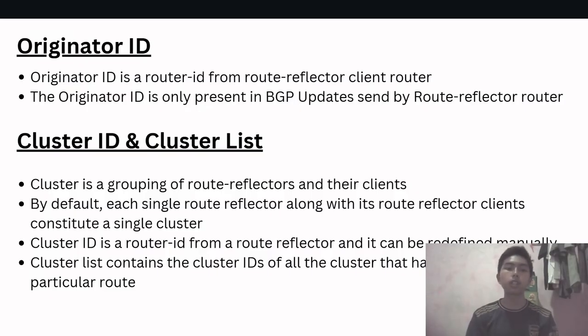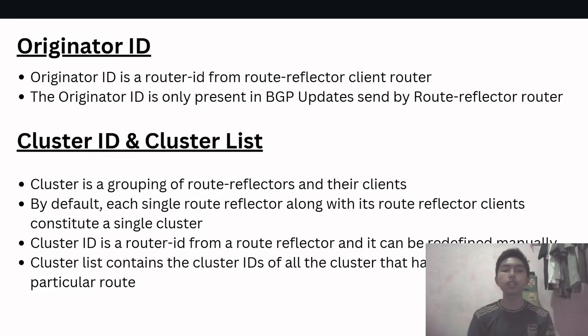By default, each single route reflector along with its route reflector clients constitutes a single cluster. And cluster ID is actually the router ID of the route reflector, and it can be redefined manually.